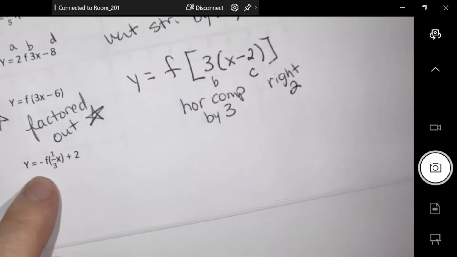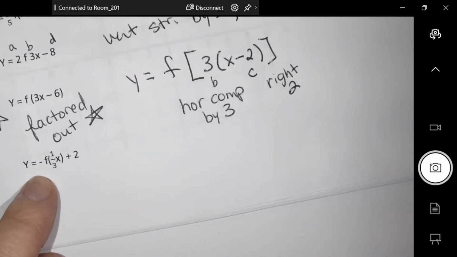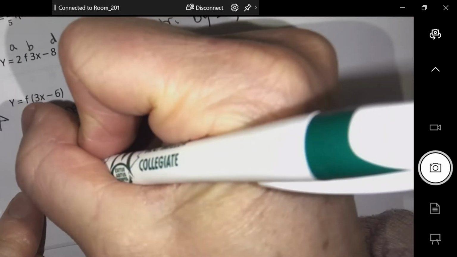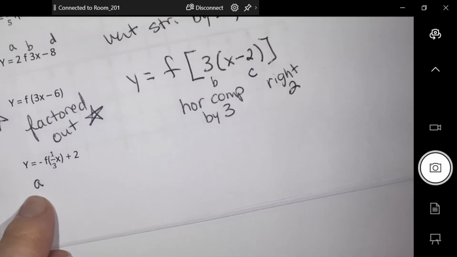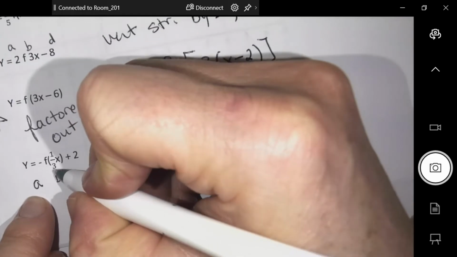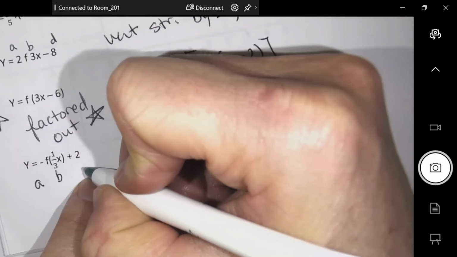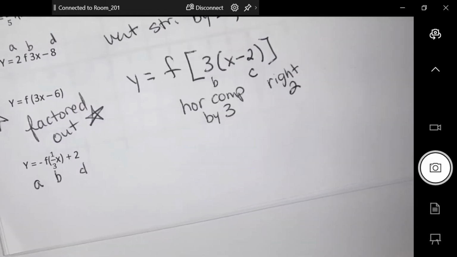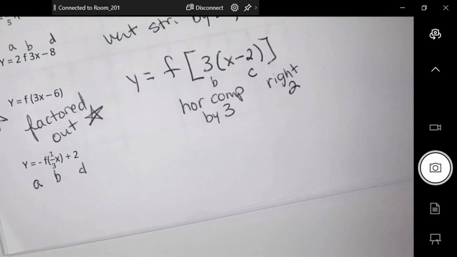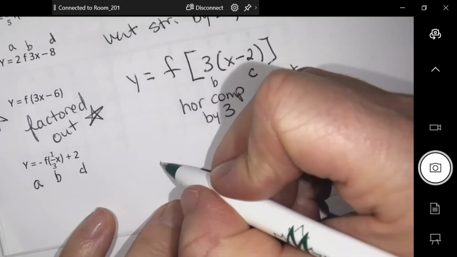Okay, last one. We have a -1 in the front. So that's an A. This is a B. And this is a D. Okay, negatives cause reflections. Which way does this go though?